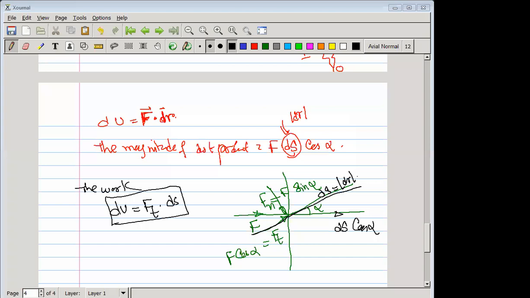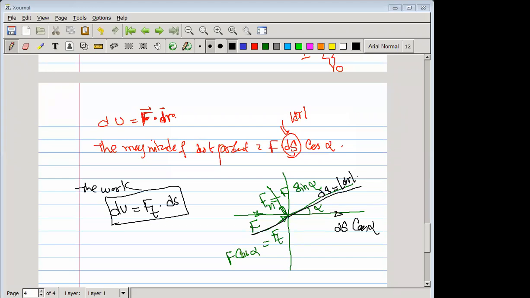Very clear? So the forces which do work are termed active forces, and constraint forces which do not work are termed reactive forces. These three or four things you have to remember during the numerical problems.